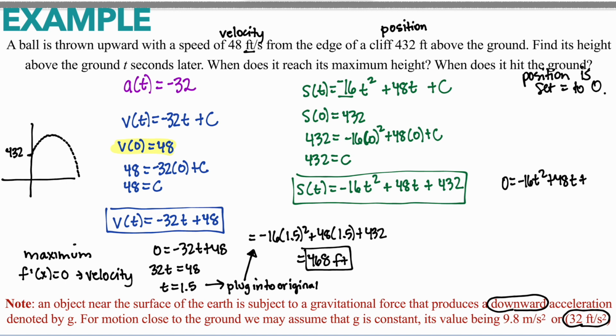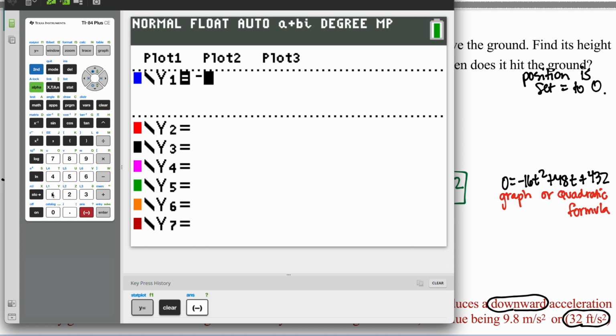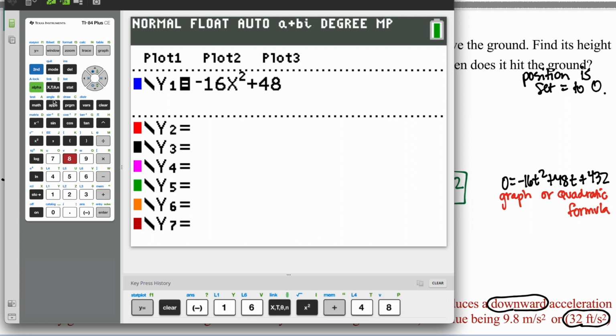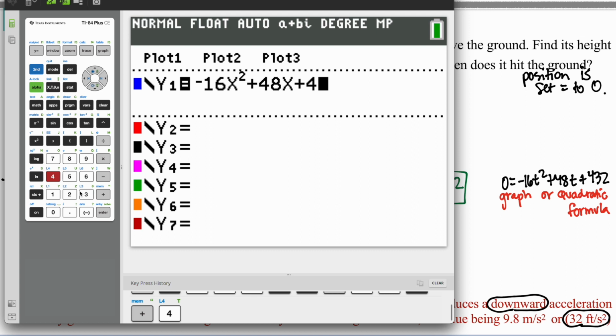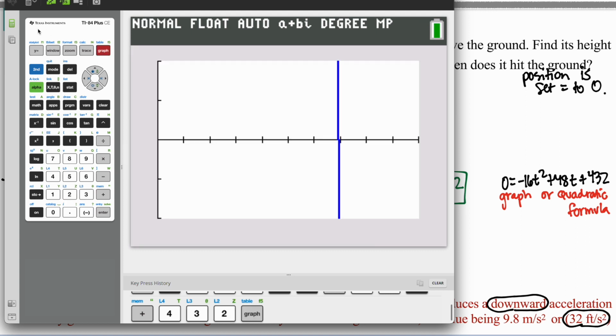The best way to do that is either to graph it or use the quadratic formula to find the zeros. It would be negative 16x squared plus 48x plus 432.